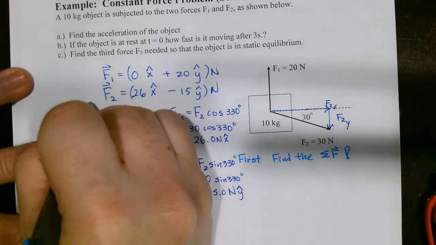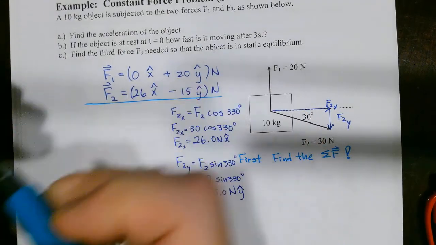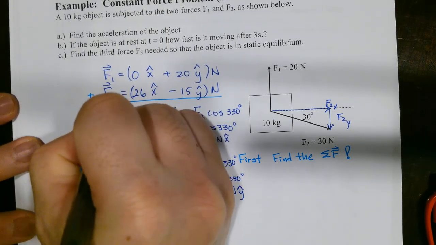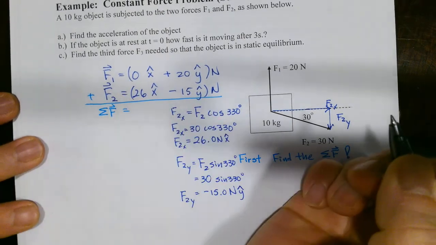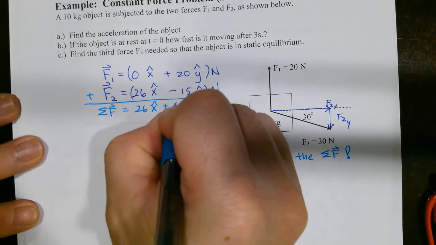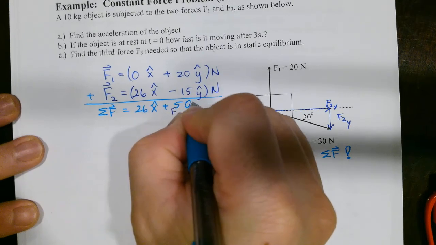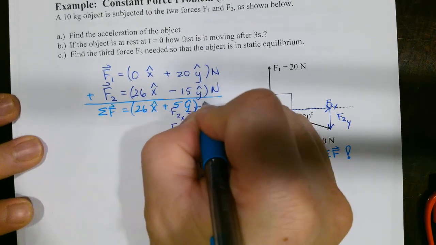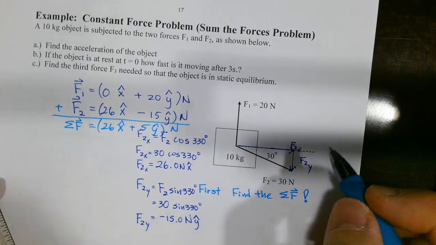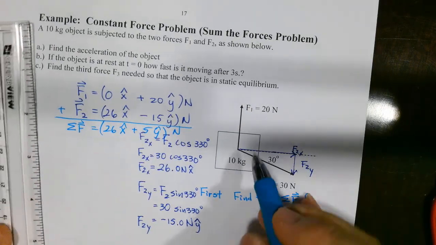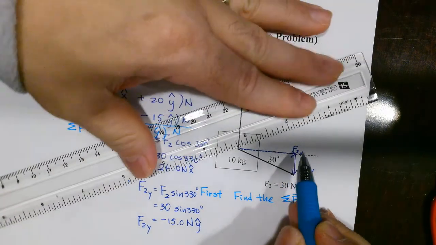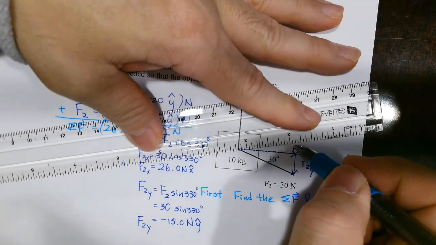When I add these up, I get my net force. And that would be 26 x hat plus 5 y hat newtons. So my net force will be 26 x hat, 5 y hat. So it's going to go somewhere in this direction.